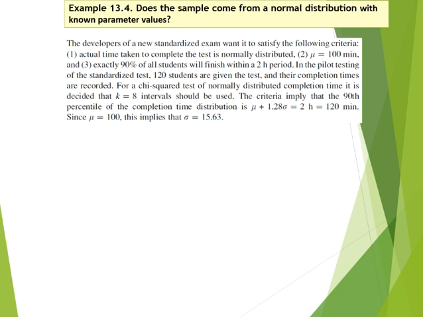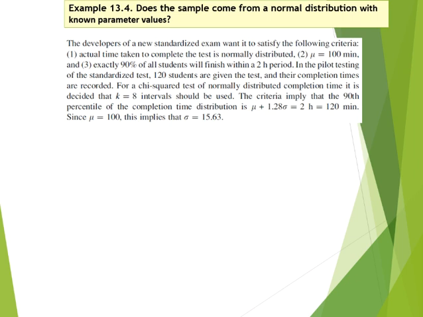They say the developers of a new standardized exam wanted to satisfy the following criteria. The actual time taken to complete the test is normally distributed. The mean must be 100. And exactly 90% of all students must finish within a 2-hour period, within 120 minutes.